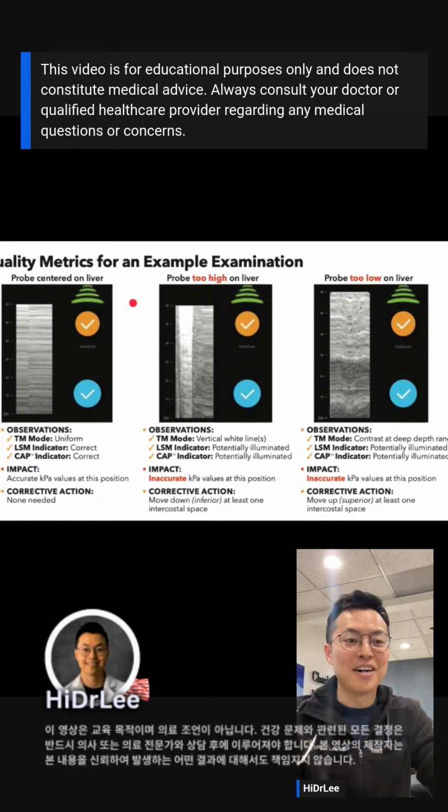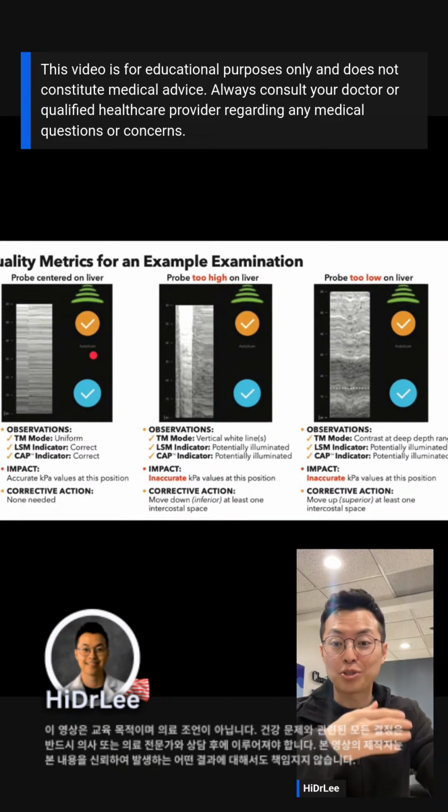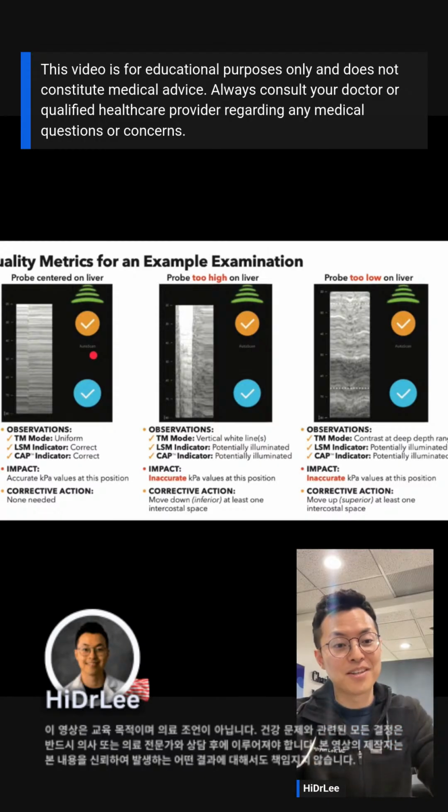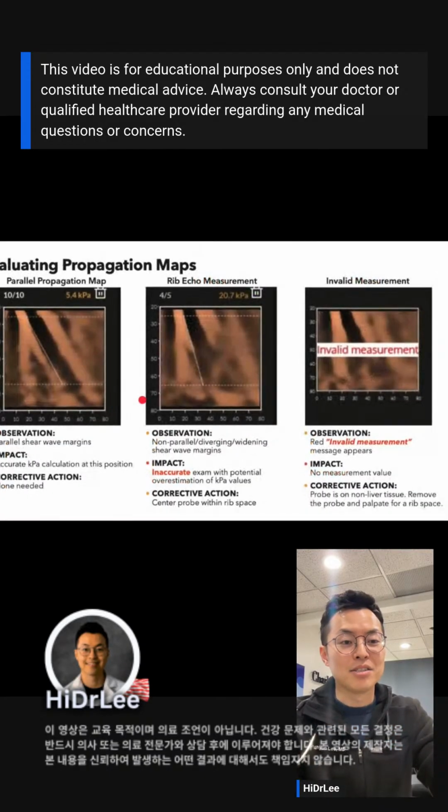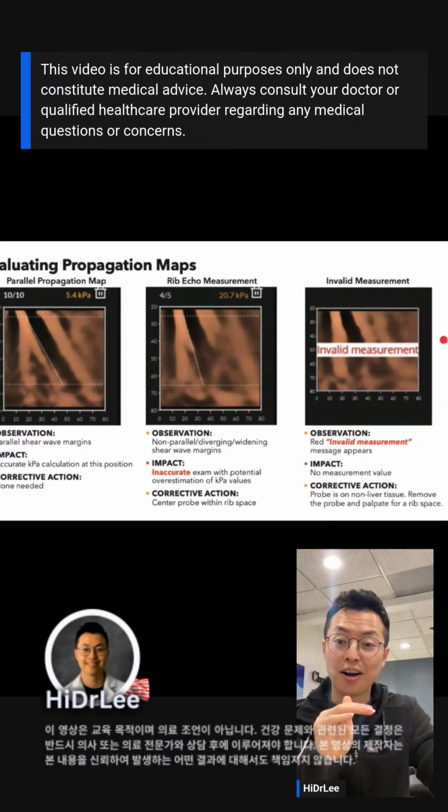When everything's perfect, the yellow light and green light are on, and when the yellow light is on, it automatically starts measuring the fat amount and scar tissue amount. It shows us the picture, and when the test quality is poor, it automatically says invalid measurement and just disposes of the result.